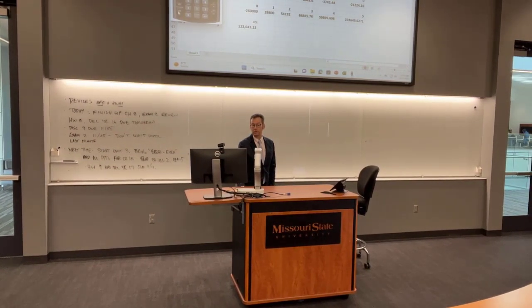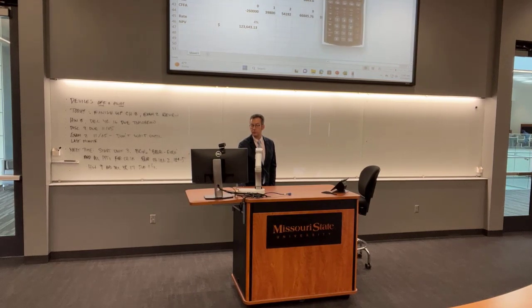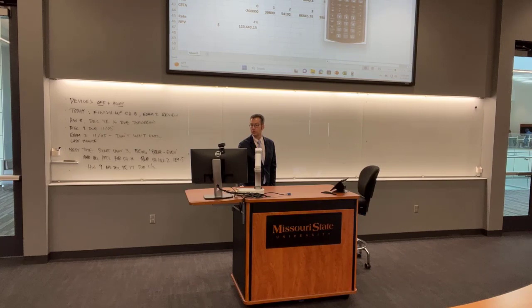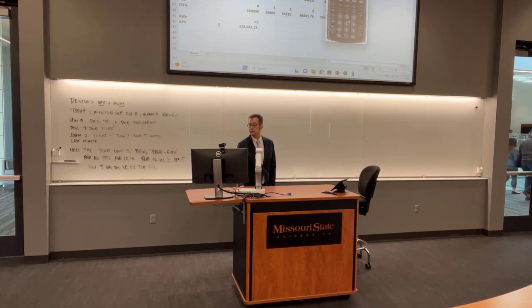CF, second, clear work. What should I put in for CF0? Yeah, 260,000. Negative, enter, arrow down. 39,800 for time 1. Enter, arrow down, arrow down. 54,192.